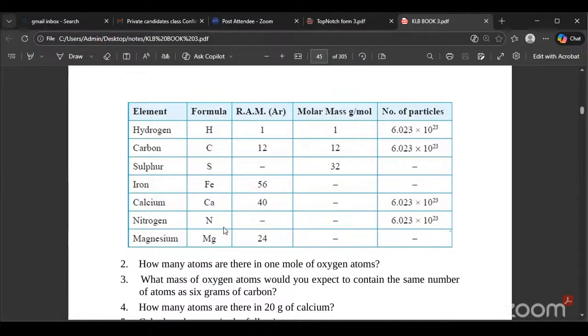If you don't know the formulas, you are finished completely. For example, I'll skip it. Let me do the odd numbers, and then the rest you can also try for yourselves later on. So we have hydrogen. The formula of hydrogen is capital H. Please I want you to see that.